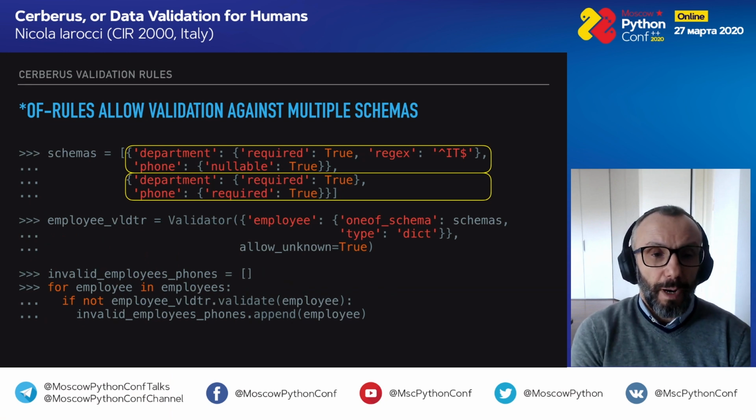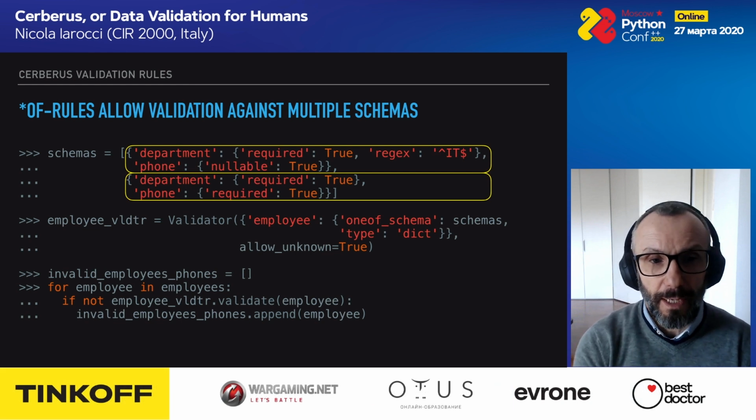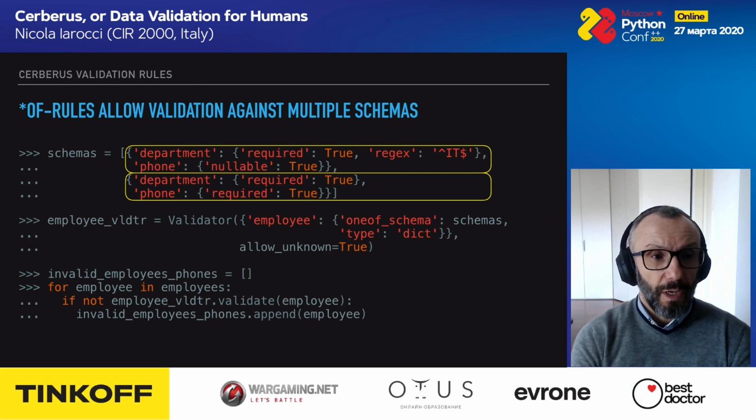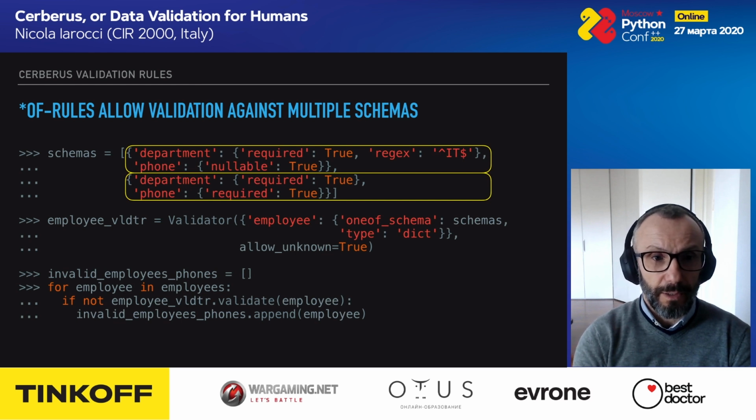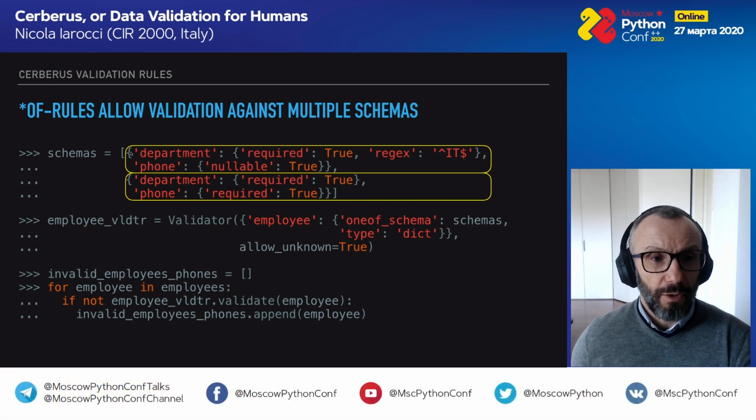And why is this powerful? Because, for example, you can scale up and use this magic method on schemas themselves. Here we are defining two schemas for the department field, as you can see. And this is a list of schemas. So every dictionary here is a validation schema. In the first example, we have a required field and a regular expression, and the phone is nullable.